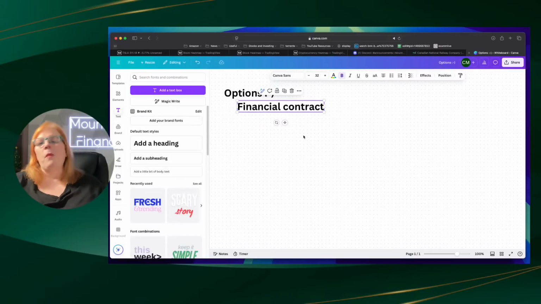But in a nutshell, options are financial contracts. So very, very easy. We're going to look at how these contracts work. We're going to look at everything from longs, shorts, what's a put, what's a call. We're going to cover all of that tonight, so don't worry.